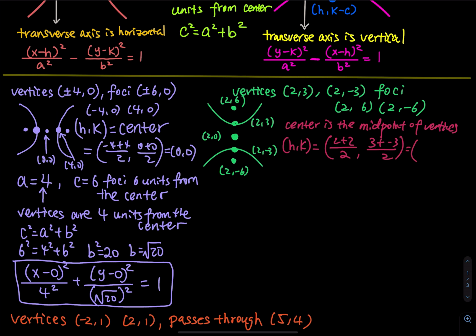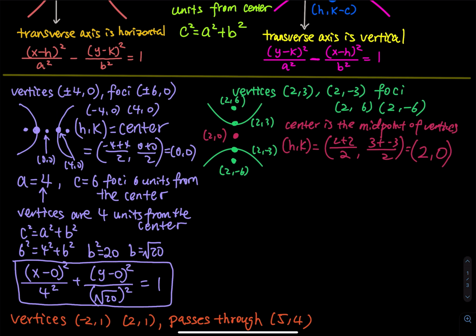What is that equal to? 4 divided by 2 is 2. And then 0 divided by 2 is equal to 0. So you have your center, which is at 2 comma 0.